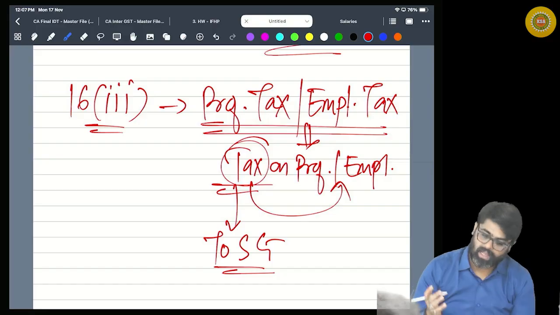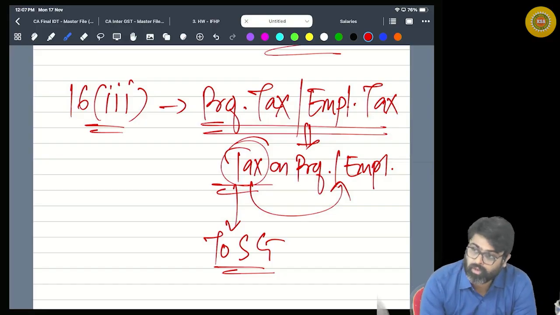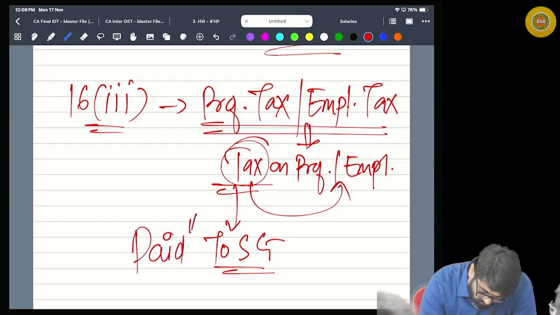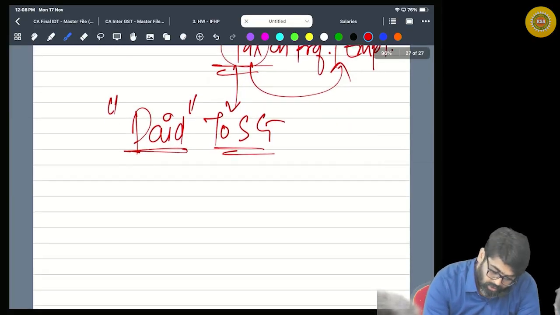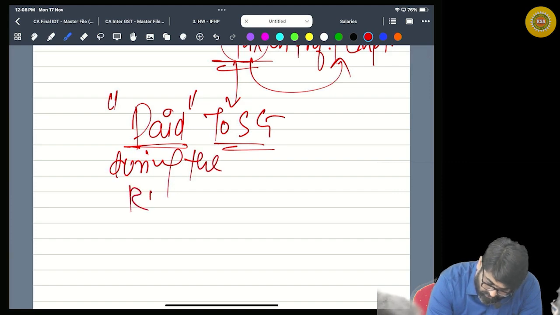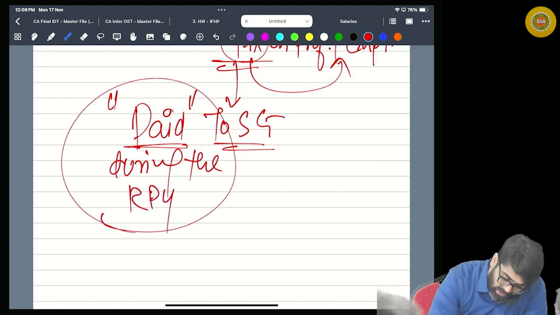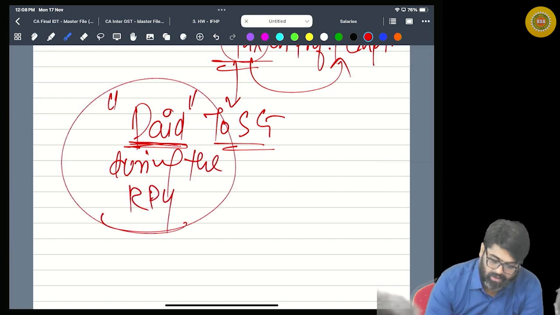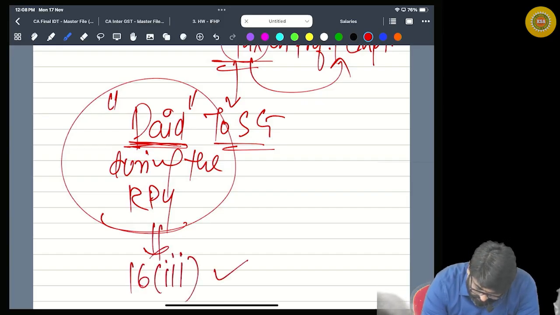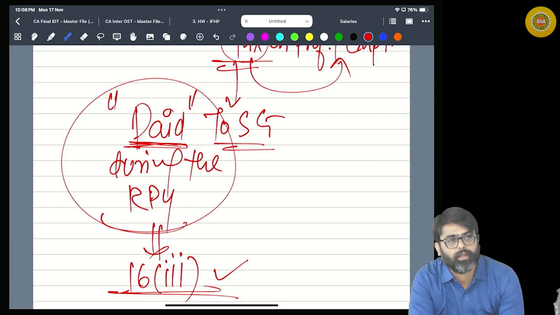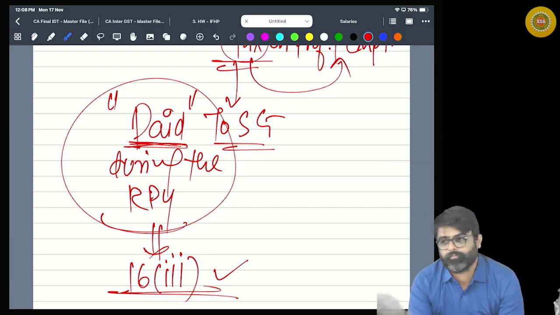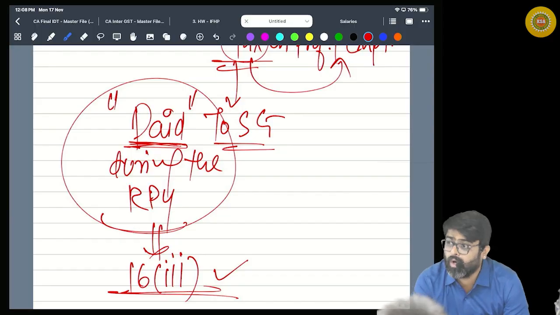So whatever tax on the profession or the employment is paid, what did I say? Paid during the relevant previous year. The amount which is actually paid during the previous year shall be allowed as a deduction under clause 3, if you don't follow 115BAC.